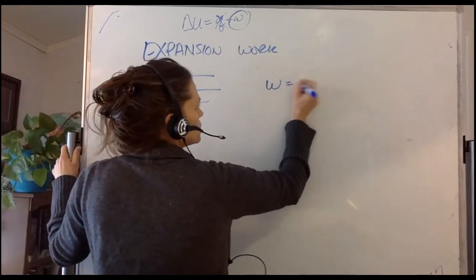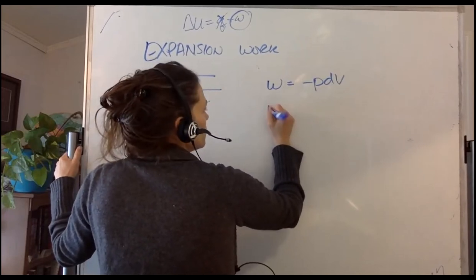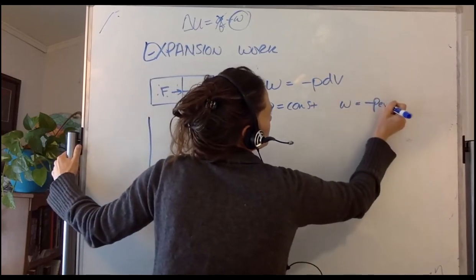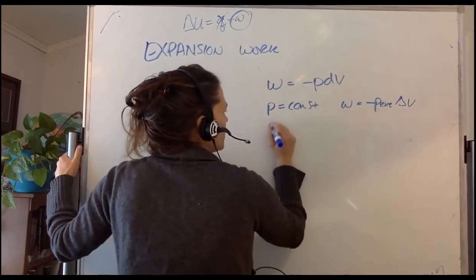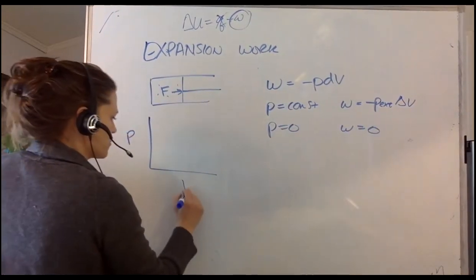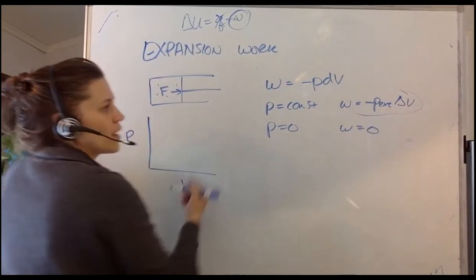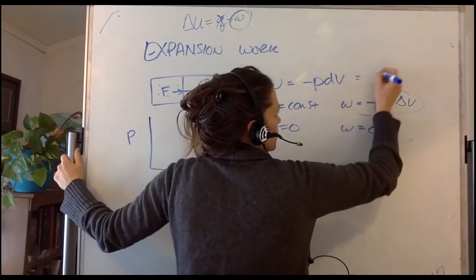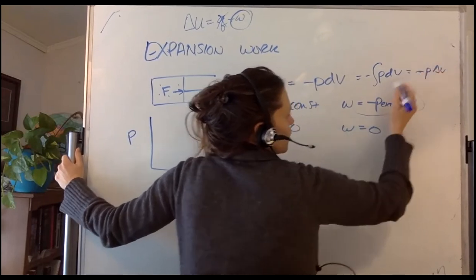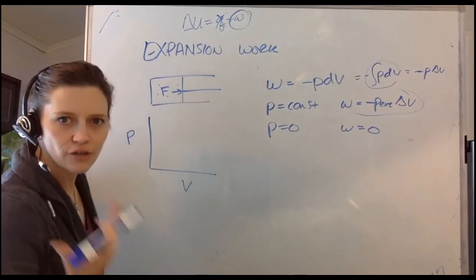So work is equal to minus P dV, and so for P equals constant, we got work is equal to minus P external delta V, and for P equals 0, we have work equals 0. So if I were to do pressure versus volume, let's think what this looks like. Okay, and again, this came from the integral of minus P dV, which is equal to minus P delta V. Okay, an integral, you may recall from your calculus days, is the area under a curve.